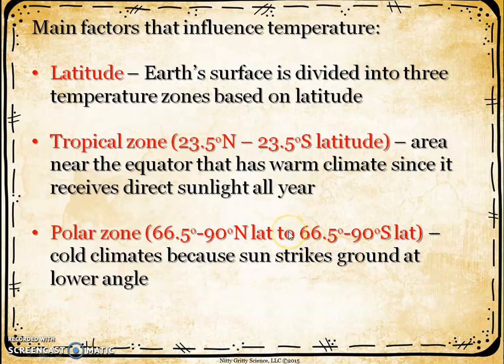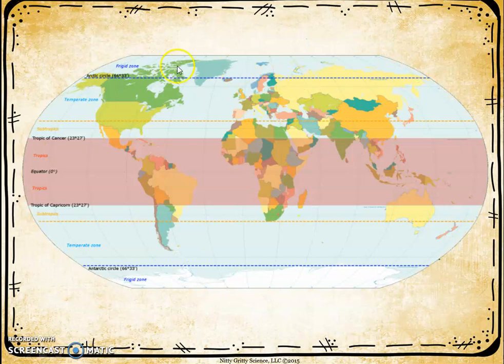Then you've got your polar zone. The polar zone is the cold climates where the sun strikes the ground at a lower angle because of how high their latitude is. The sun doesn't strike them directly. It's not going to come down straight.